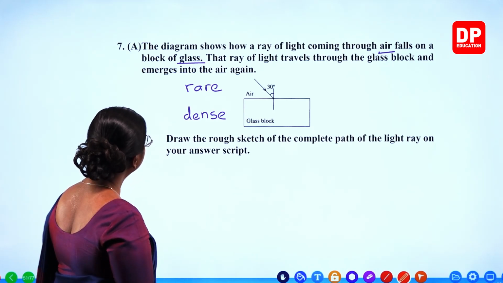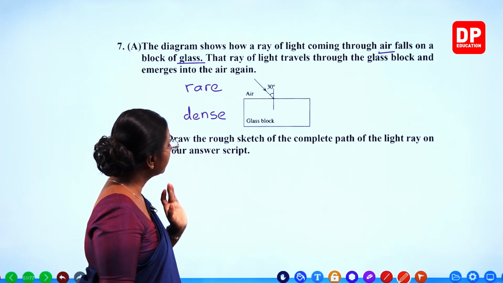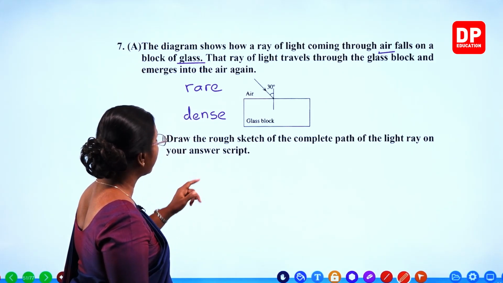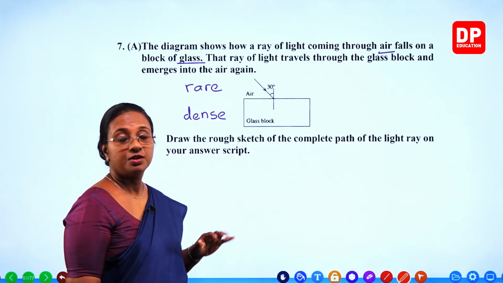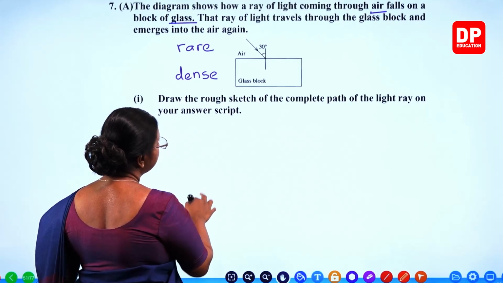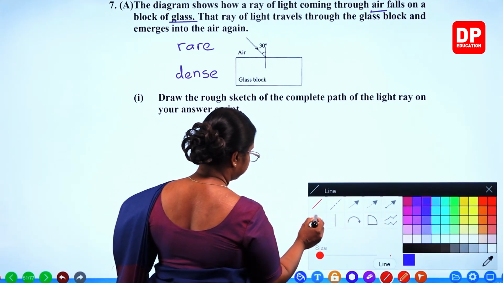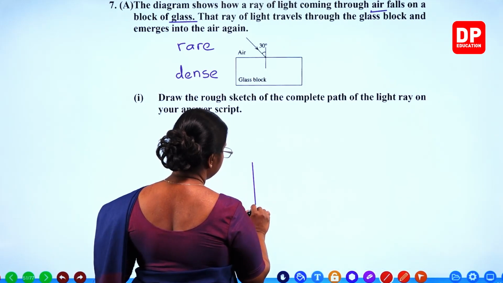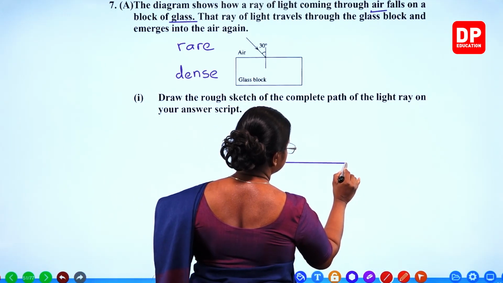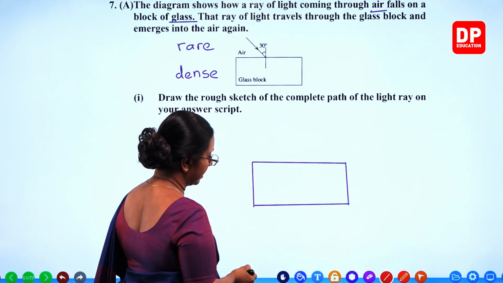Now if we look at the first question, you all know, draw the rough sketch of the complete path of the light ray on your answer script. So that is what you need to do. So here, if I redraw the structure there, here we have the block of glass there.